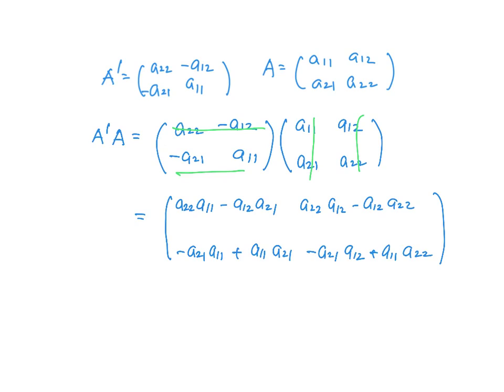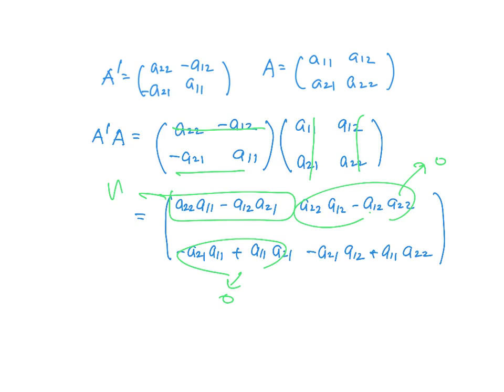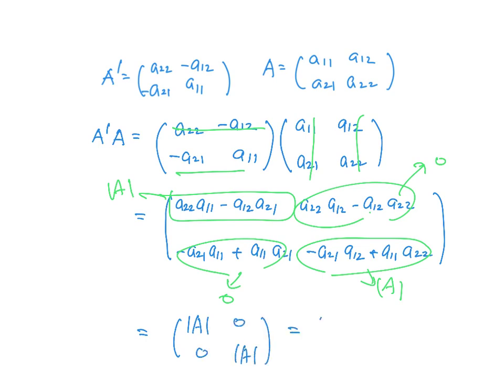So again, this goes to 0, right? This goes to 0. And this becomes determinant A. This becomes determinant A. So again, it is determinant A, 0, 0, determinant A, or determinant A times 1 0 0 1.